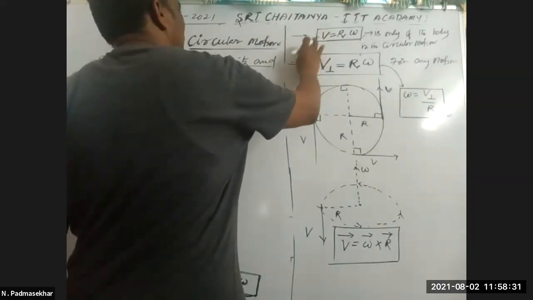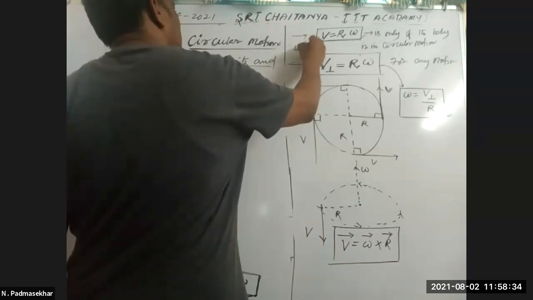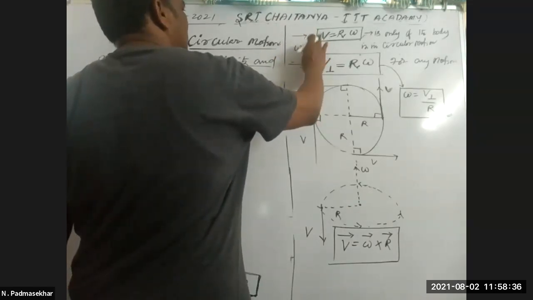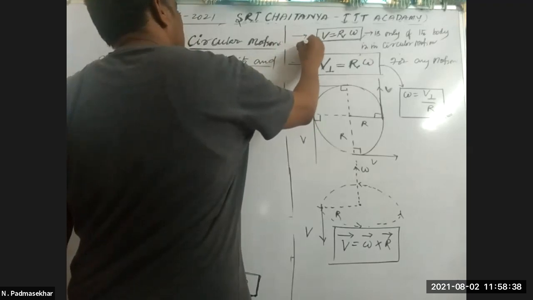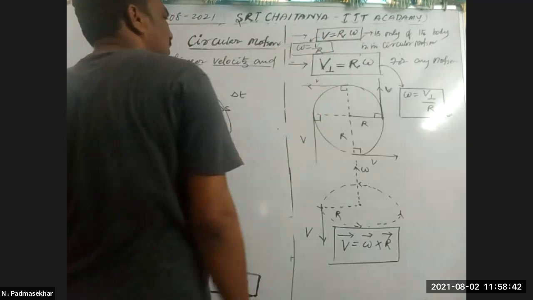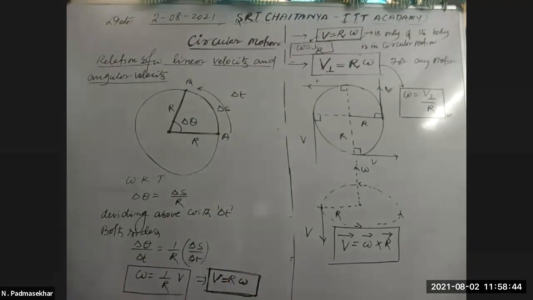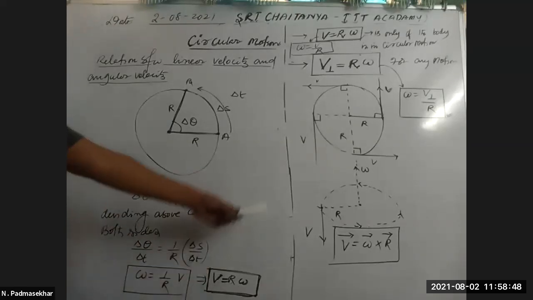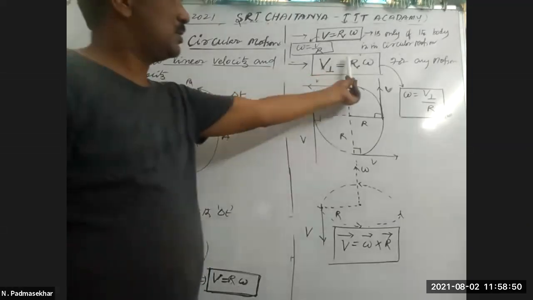So V is equal to R omega and omega is equal to V by R only in circular motion. Other than circular motion, for any motion, omega is equal to V perpendicular by R. So the relation is V is equal to R omega and V perpendicular is equal to R omega.